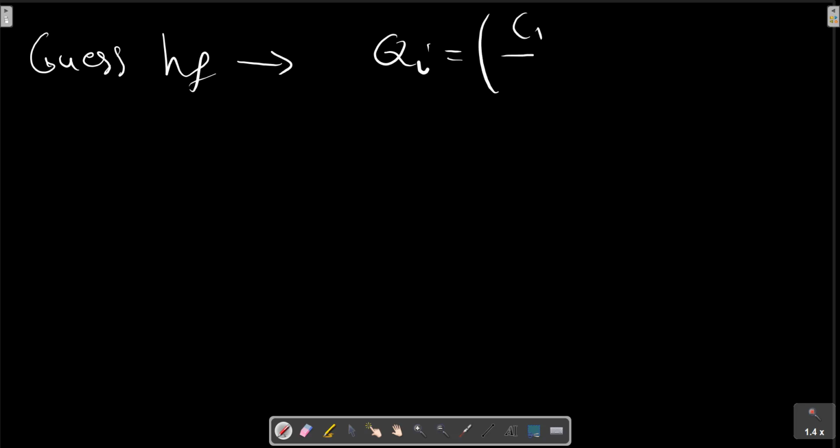At first we guess hf, and we can calculate Q_i equals C_i root hf over f_i, and hence a new Reynolds number and a better estimate of f_i. Then repeat the equation to converge.